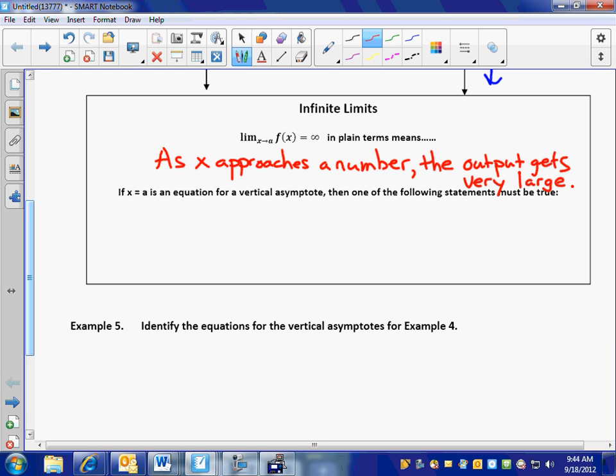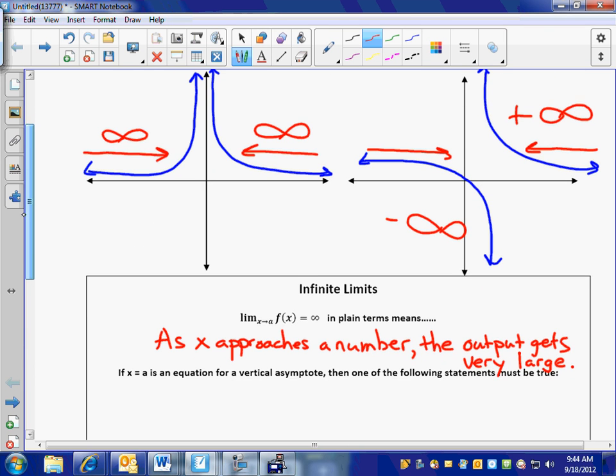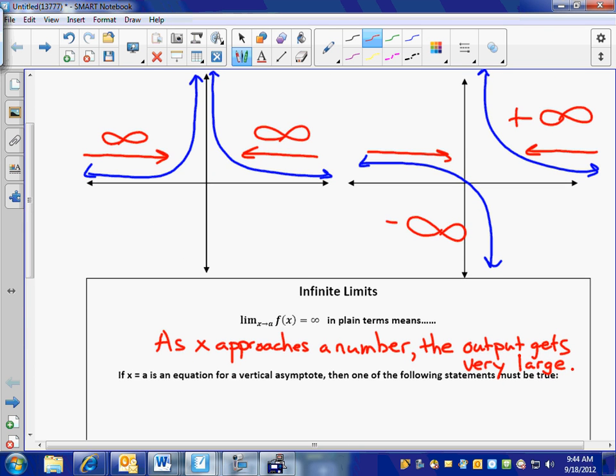If we have this type of situation, as you can see right here, there is something special that goes right between those two graphs. Do you know what that green line is called? A vertical asymptote. And in this situation, we have one right here as well.